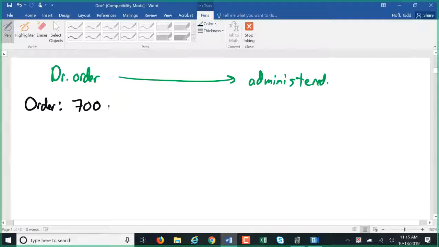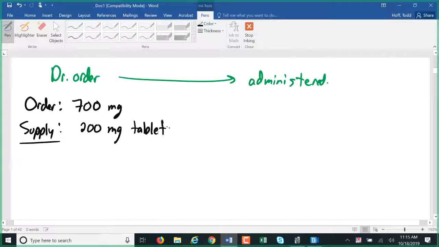So our first example was an order for 700 milligrams. The supply on the bottle said 200 milligram tablets. So we start with the order, start with the given information. 700 milligrams.